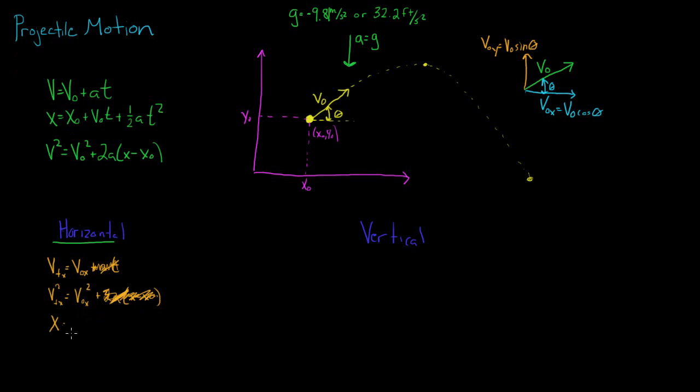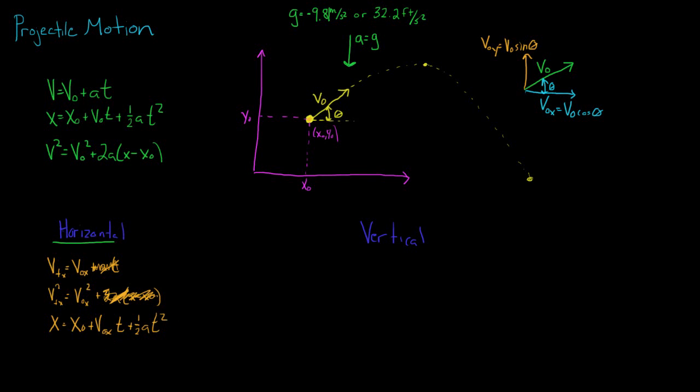So if we look at this final equation, we have our final x position is equal to our initial x position, and we can see with this example right here that it doesn't need to be 0. It could be 0, but it could have some initial x position plus the initial velocity in the x direction times time plus 1/2 times the acceleration times time squared.